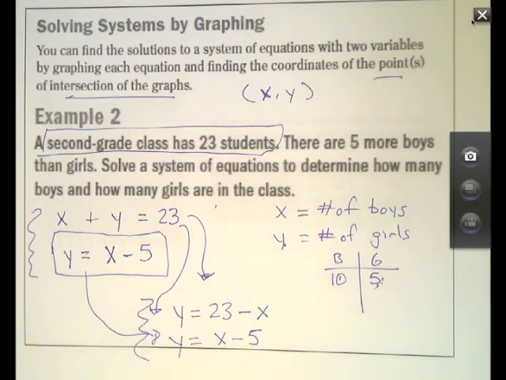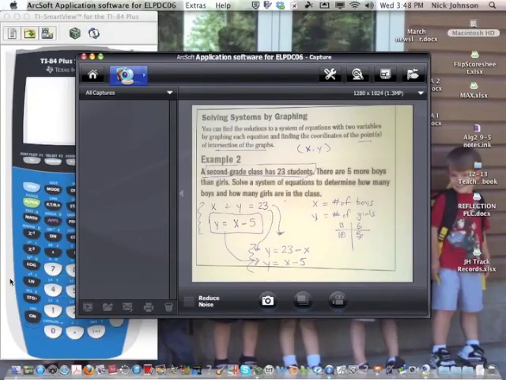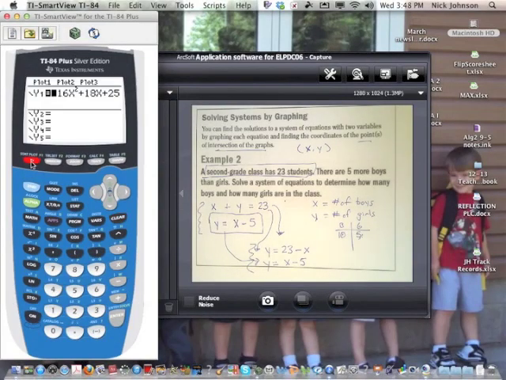I go to my calculator. Y equals 23 minus x. You don't have to type in the y, the y is already here.